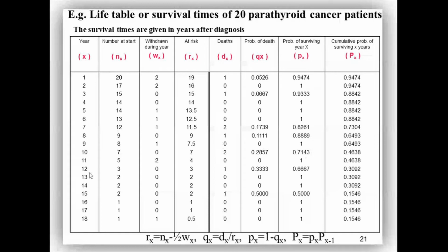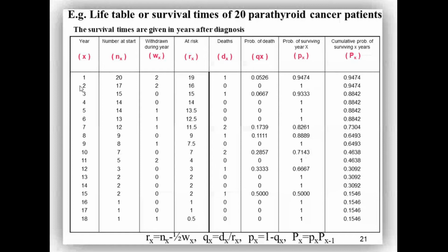And the second column is about nx, the number at start, or the number of individuals at time x. So at year 1, for example, there were 20 individuals. At year 2, there were 17 individuals.